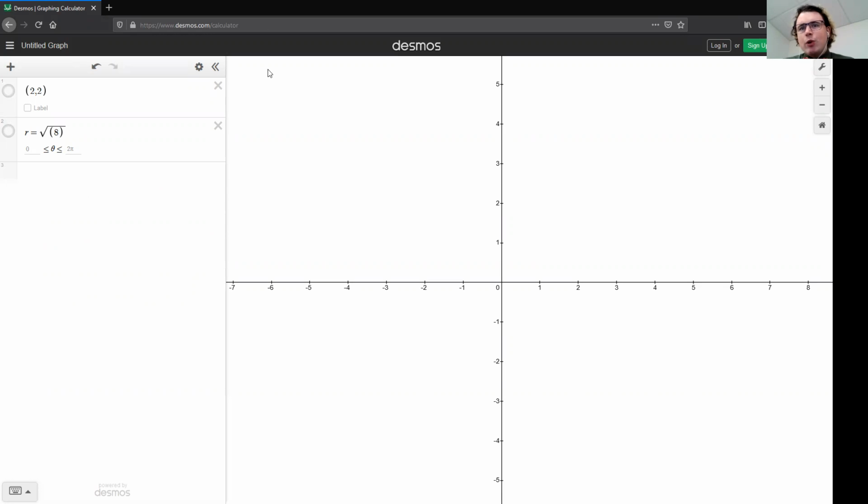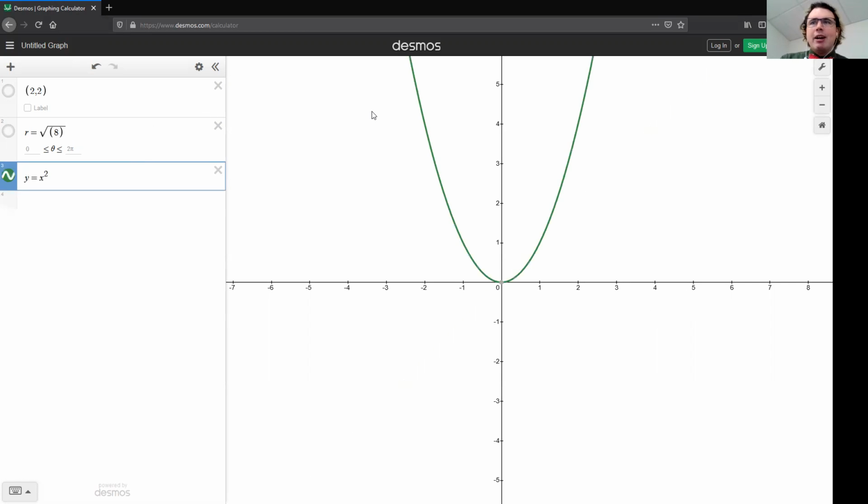What direction do we face, and how far do we go? And just like in the Cartesian system, we pick one of these things, and then the other of them is determined by a formula.